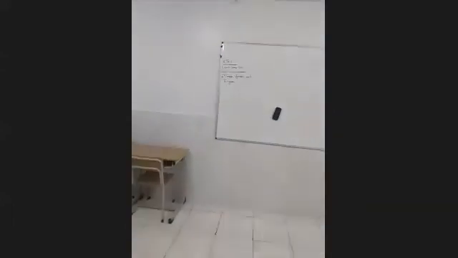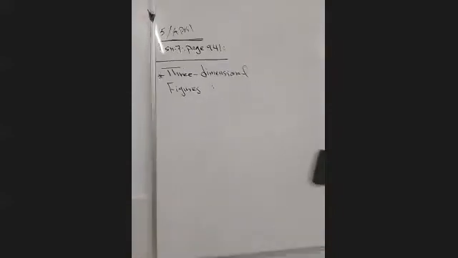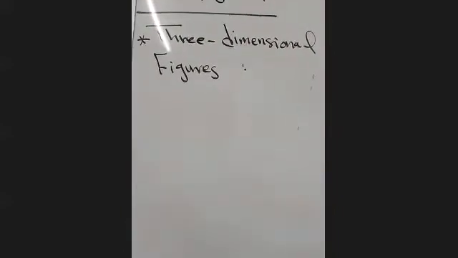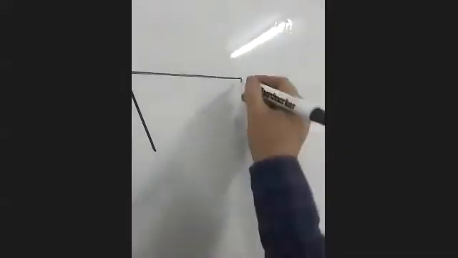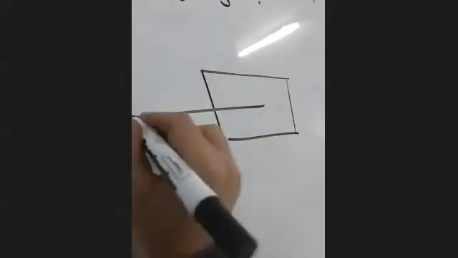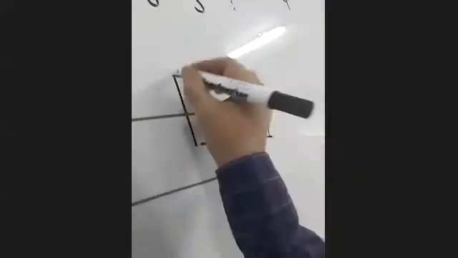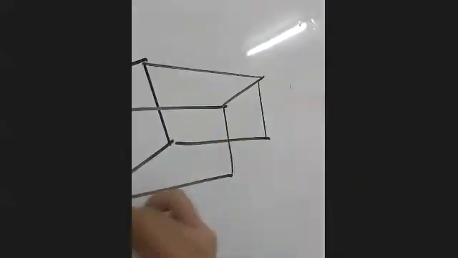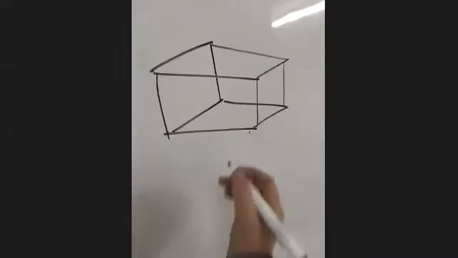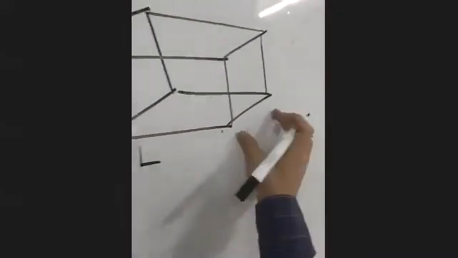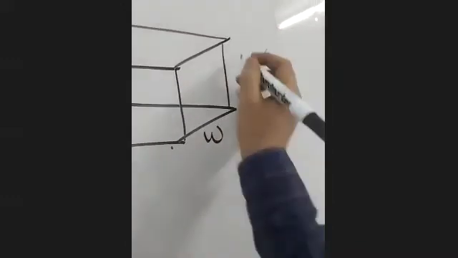In this case, this room we call a three-dimensional figure. Like the box, any box, guys. Look at the board. This box has three dimensions: length, width, and height.